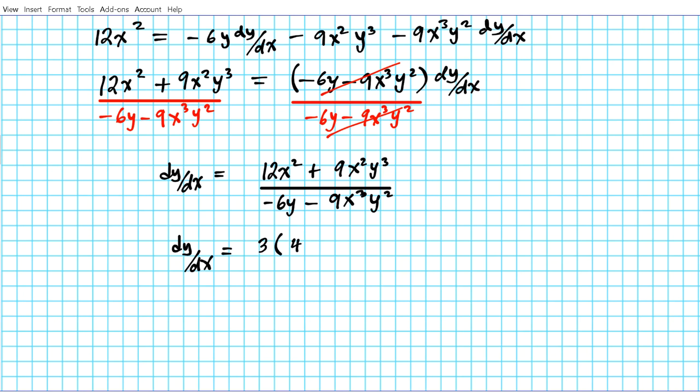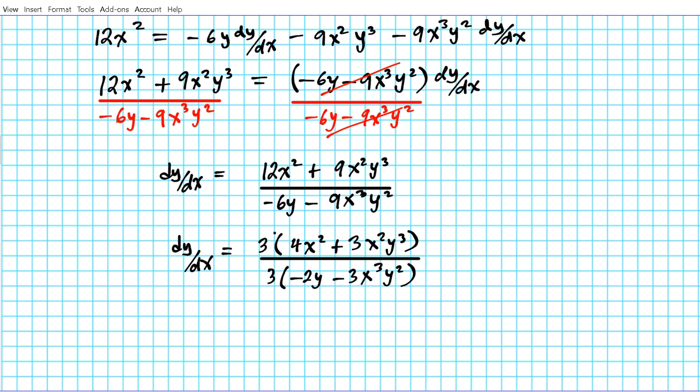You have 4x squared plus 3x squared y to the third. Okay, and then in the denominator, you can pull out another 3 also, and then you have negative 2y minus 3x cubed y squared.